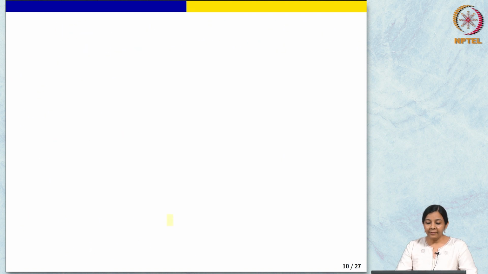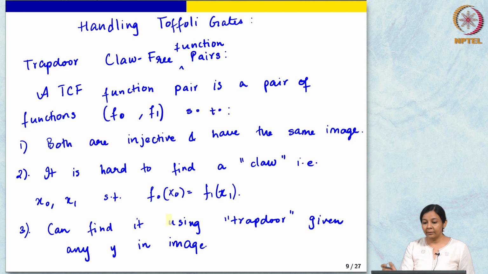And now the next thing that we need to support are Toffoli gates, and if we can support Toffoli gates, then we will be done. Does everyone agree? Because Clifford and Toffoli gates together form a universal gate set, right. So, we already saw how to handle Clifford. So, now if we can also do Toffoli, then we will be good.